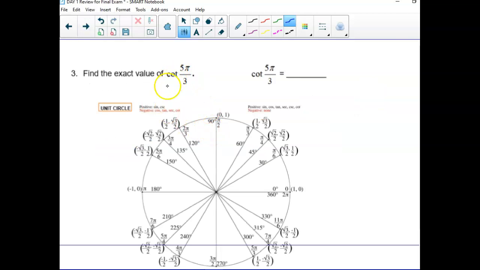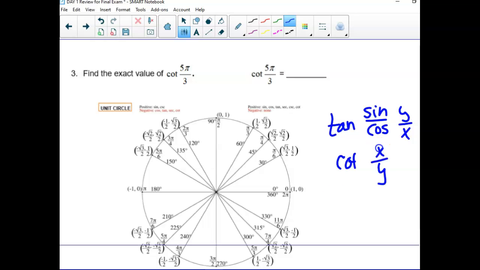All right, find the exact value, and I could ask you anything about the unit circle. So this particular one is cotangent. Well, tangent is sine over cosine, or y over x, so cotangent is x over y.